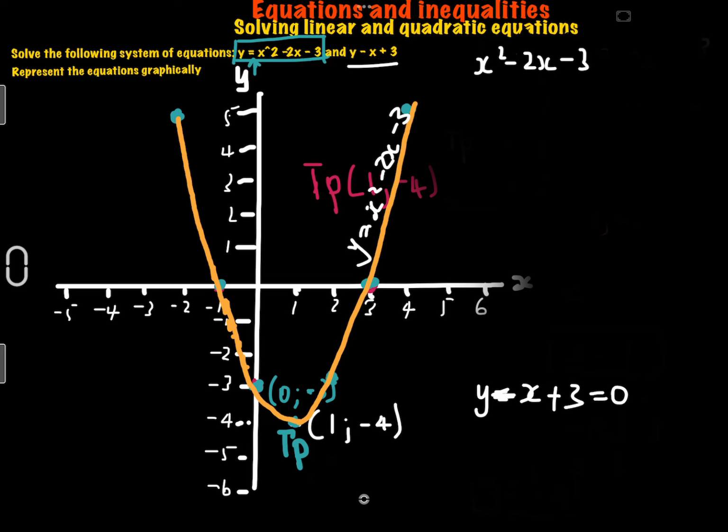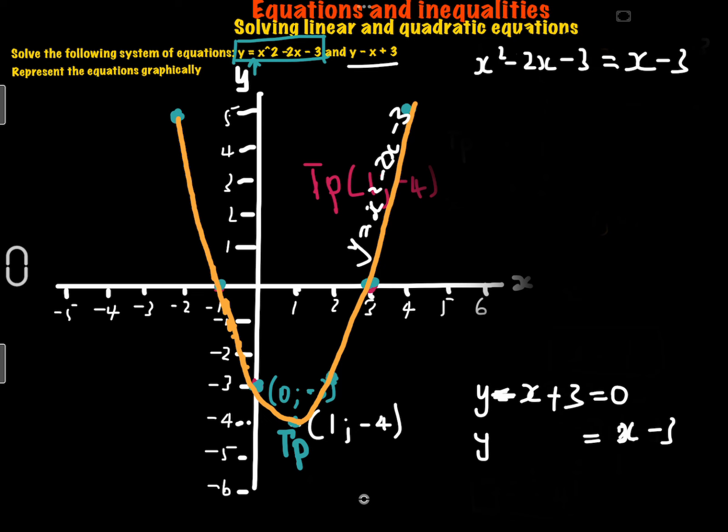I just want to remain with y on one side. So I have y is equals to x, the x moves over and becomes positive x, and positive 3 becomes negative 3. So what we have is x minus 3. So I've just equated the quadratic equation with the linear equation.